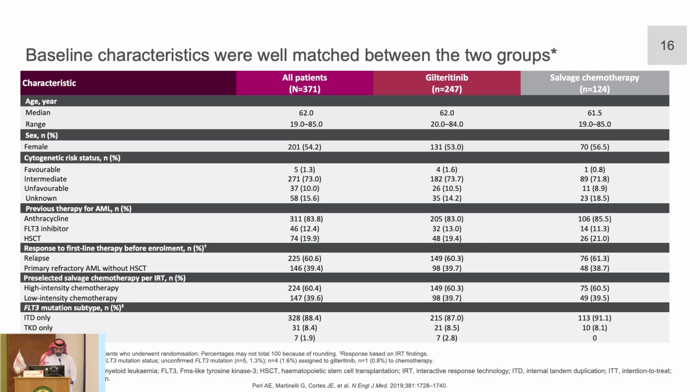Looking at the type of pre-selected salvage chemotherapy, around 60% of patients were selected for intensive chemotherapy, which was balanced between both groups. The majority of patients, of course, have the ITD mutation.